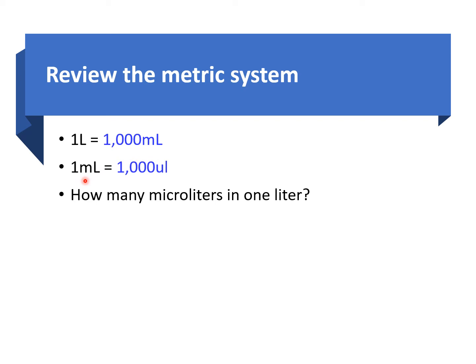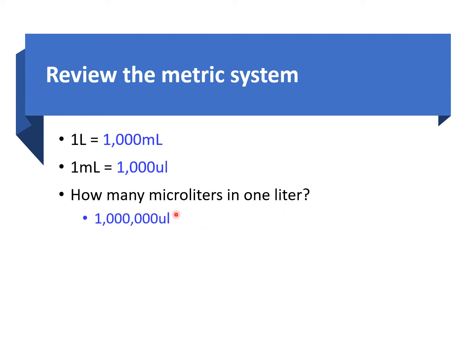Now a milliliter is larger than a microliter. So 1 milliliter is 1,000 microliters. So 1 liter is equal to how many microliters? It's actually a million. There are a million microliters in 1 liter.